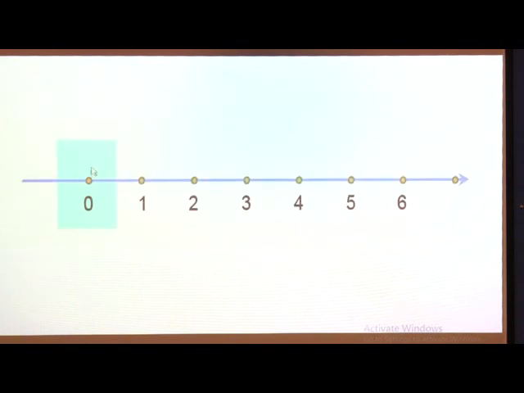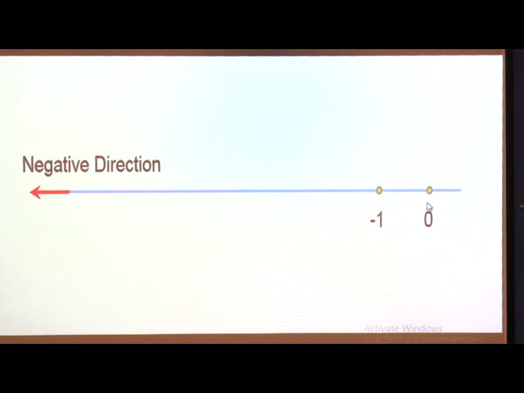See, this is the 0 which is a whole number, and we have the points in increasing order which have all the positive signs, 0, 1, 2, 3, 4, 5 and so on. If we move towards the left side of the 0, we go in a negative direction. The distance from 0 to -1 is unit distance. -1 to -2 is again unit distance.